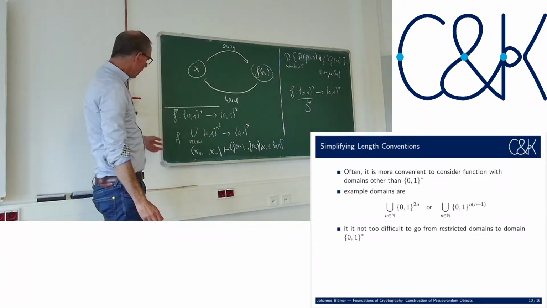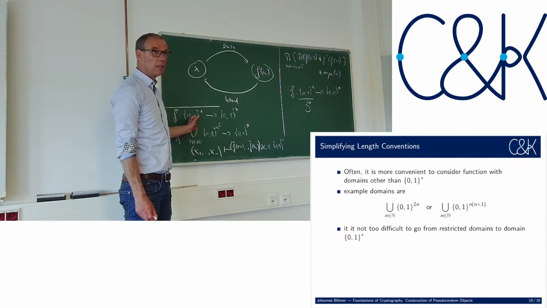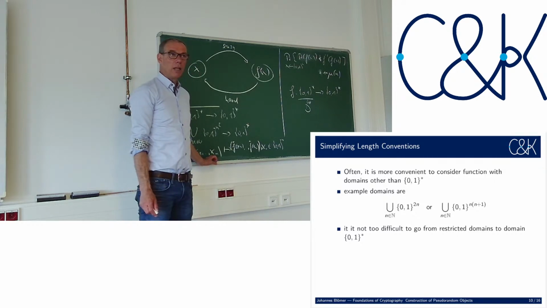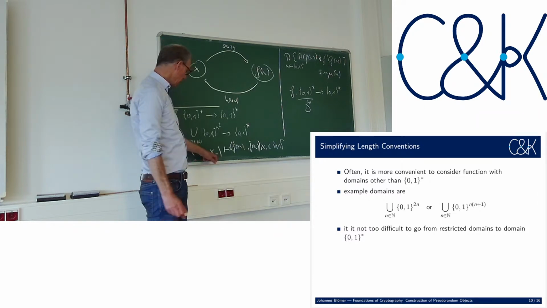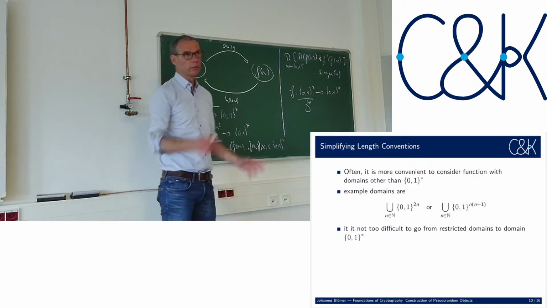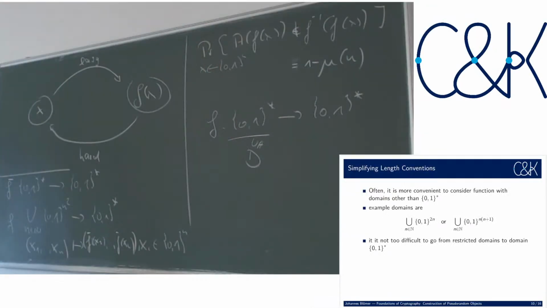So you apply this function to the n parts of the input. And this has length n squared, because if I do it for inputs of length n, and then I take n of them.